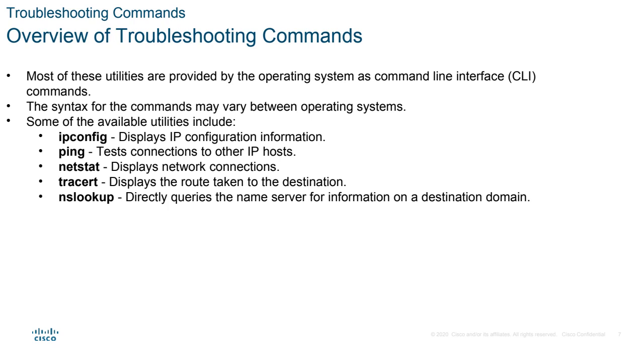Please look at these commands: ipconfig, ping, netstat, tracert, and nslookup. We know what ping does. Netstat displays network connections, tracert displays the route taken to the destination, and nslookup directly queries the name server for the information on the destination domain.